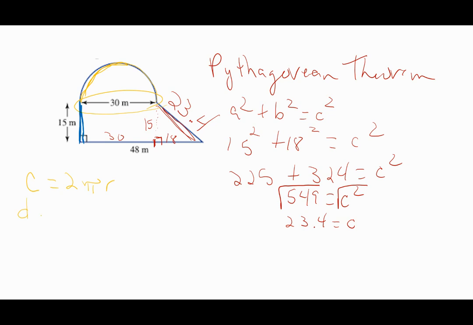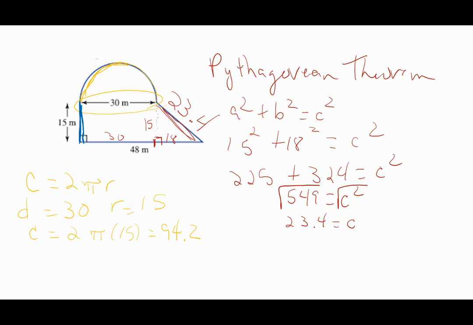Our diameter is equal to 30. That means our radius is equal to 15. So the circumference is equal to 2 times our button pi, because it helps us with our ACT, times 15, and that gives us 94.2.